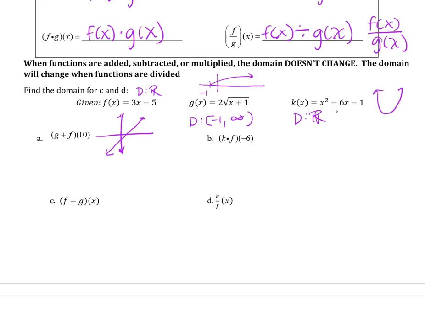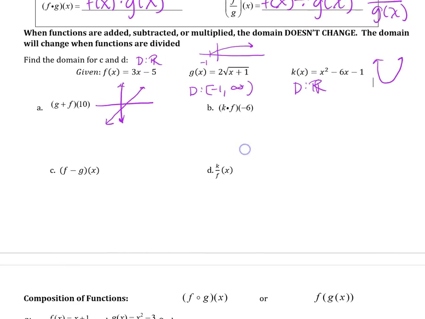Okay, so performing operations. If I am doing g plus f of 10, that means evaluate each of those functions separately at 10 and then add them together. Okay, so this is g of 10 plus f of 10. So g is over here. F is right here with my line.